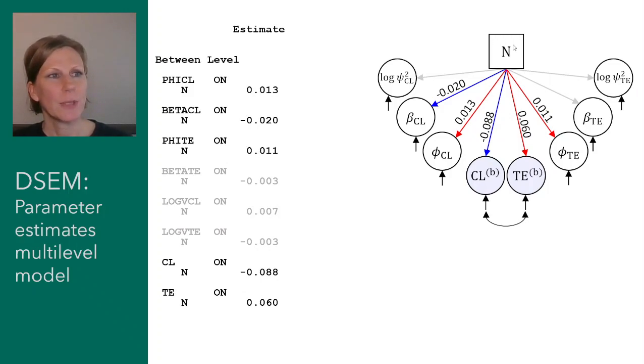So a higher neuroticism score is associated with a lower parameter beta CL, so that is the effect of tension on closeness. And how to exactly interpret this, I will have to explain in a different video. For this, it's very useful to make use of the plotting options to actually see what this relationship looks like.